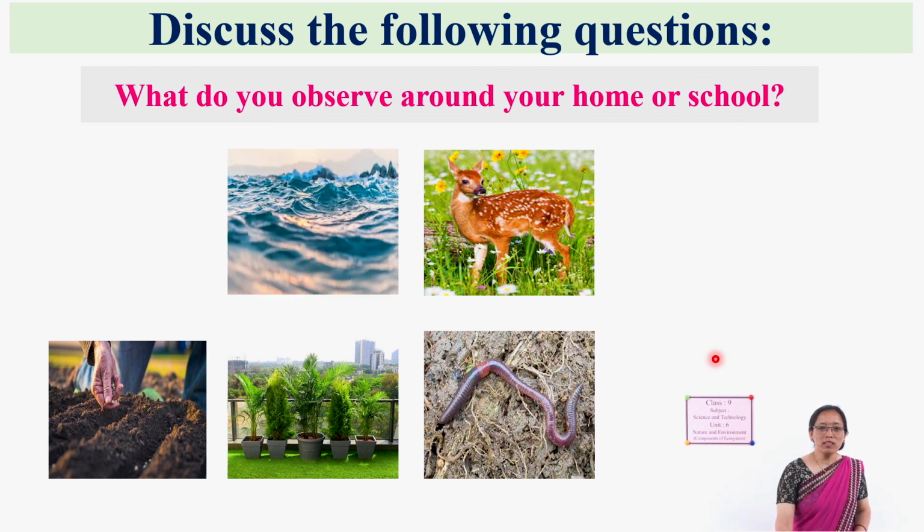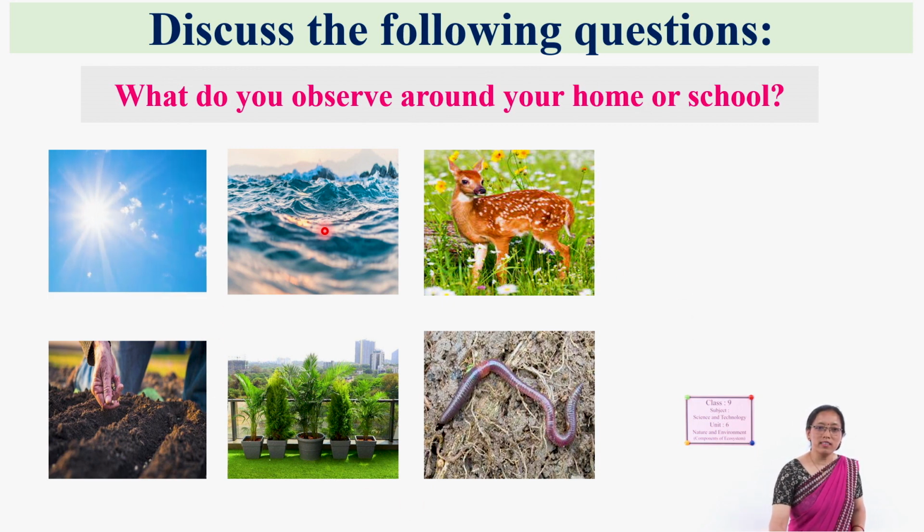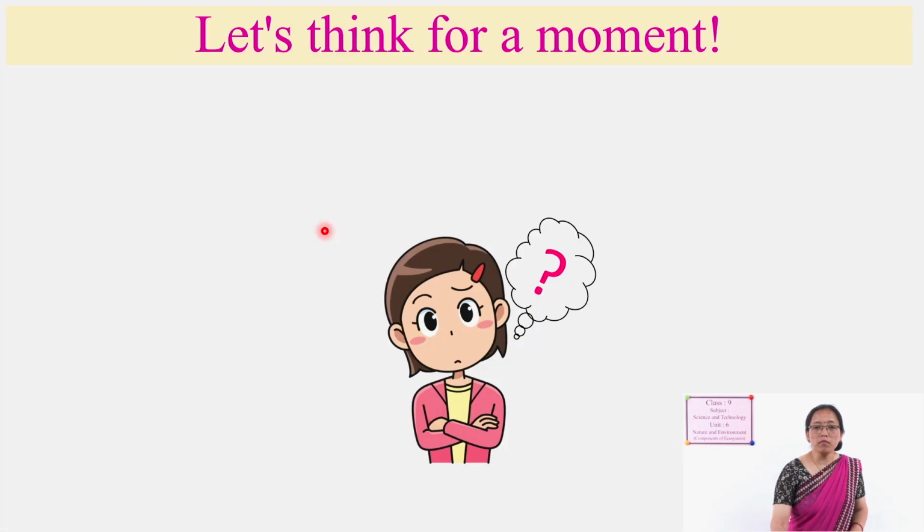There is also another kind of environment where you can see different things, and there is sunlight. So there are various things which we see around us. Everything present around us forms our environment.